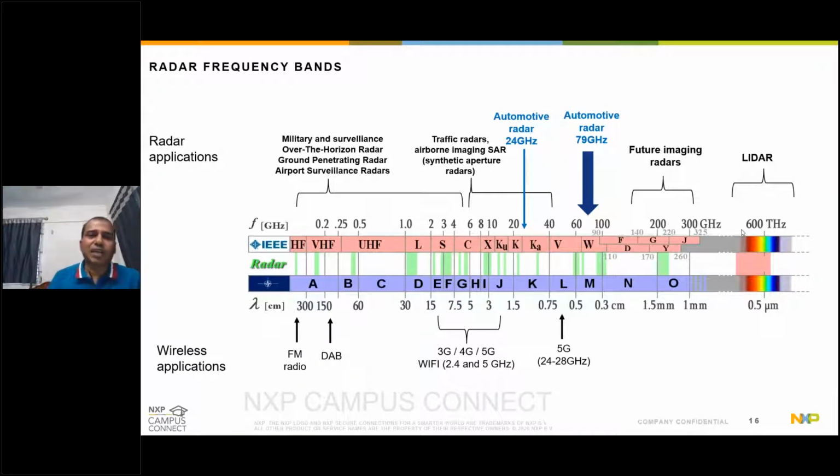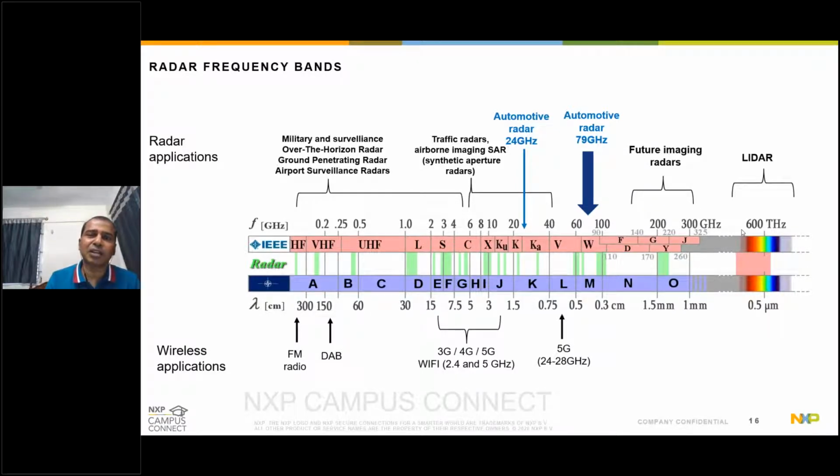Radar frequencies: as I mentioned here, radar works with electromagnetic waves, but the electromagnetic spectrum is used by many applications. Earlier, automotive radar used 24 gigahertz technology, but that is a little bulky because the wavelength is high, because the frequency is lower here. We will discuss more on this later.